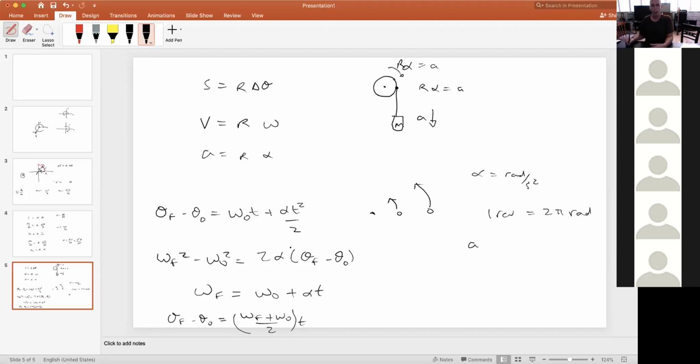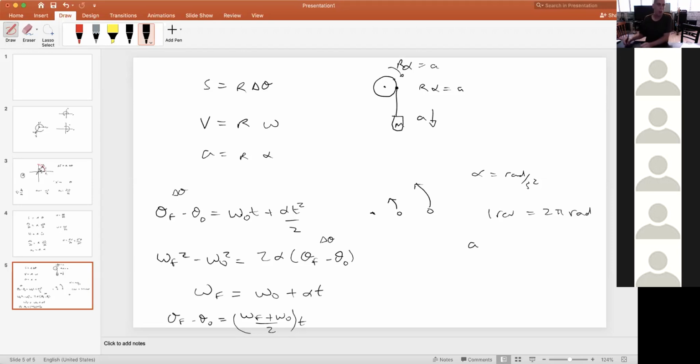So if it's constant angular acceleration, you can figure out the change in angle, and it's usually easier to just call this delta theta. But you can find the initial or final omega, angular velocity. If it starts from rest, this would be 0, this would be 0. So you can find time. Just make sure you know how to do that for like a CD spinning up or whatever.